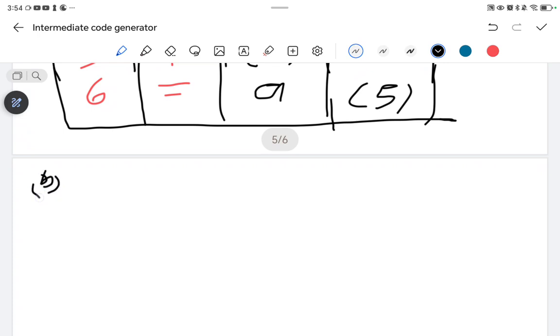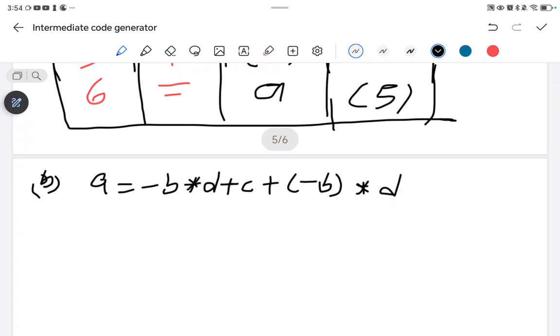We have that A will be equal to minus B times D plus C, and then we're going to have plus minus B times D. The highest precedence is what? It is the one inside the brackets, which is minus B. If you were going to start from the left going to the right, it would still be correct, because you're lucky the one which is inside is minus B, right?